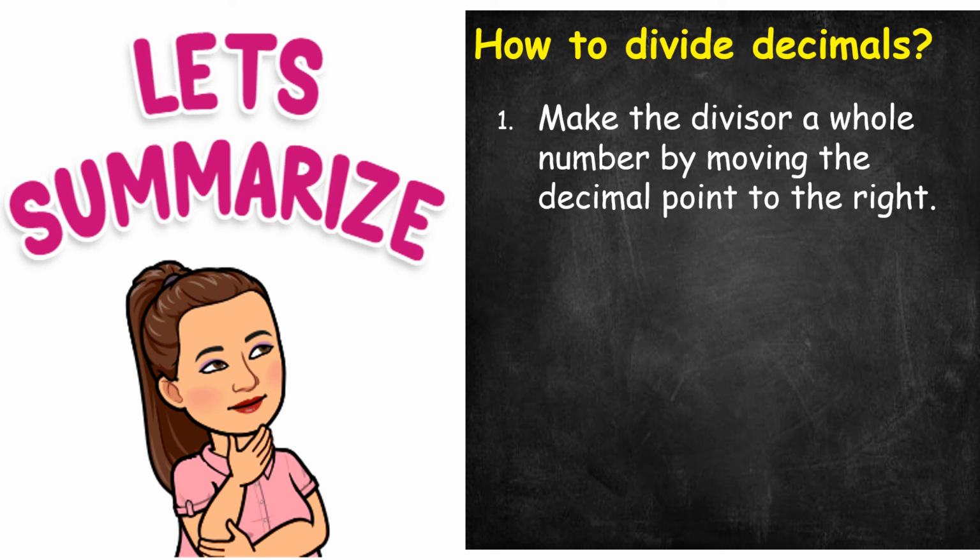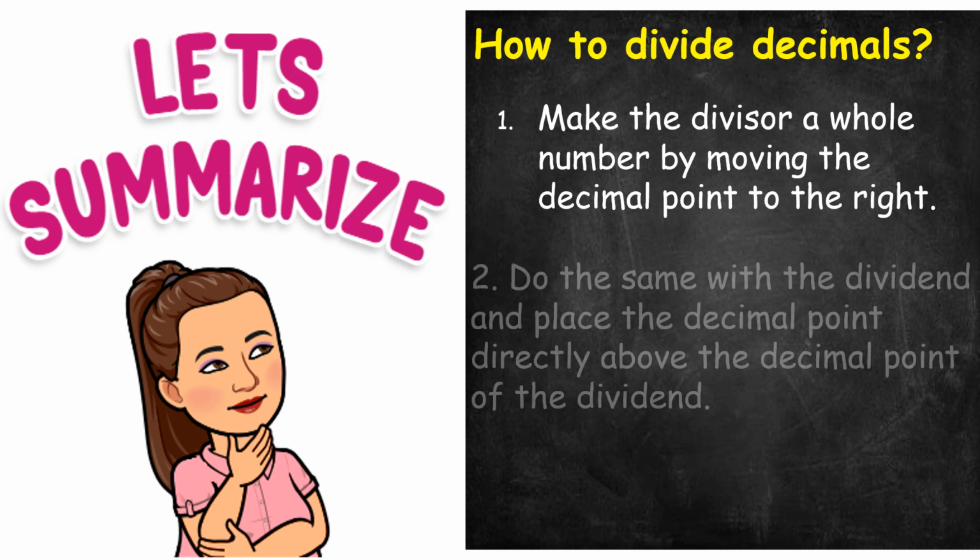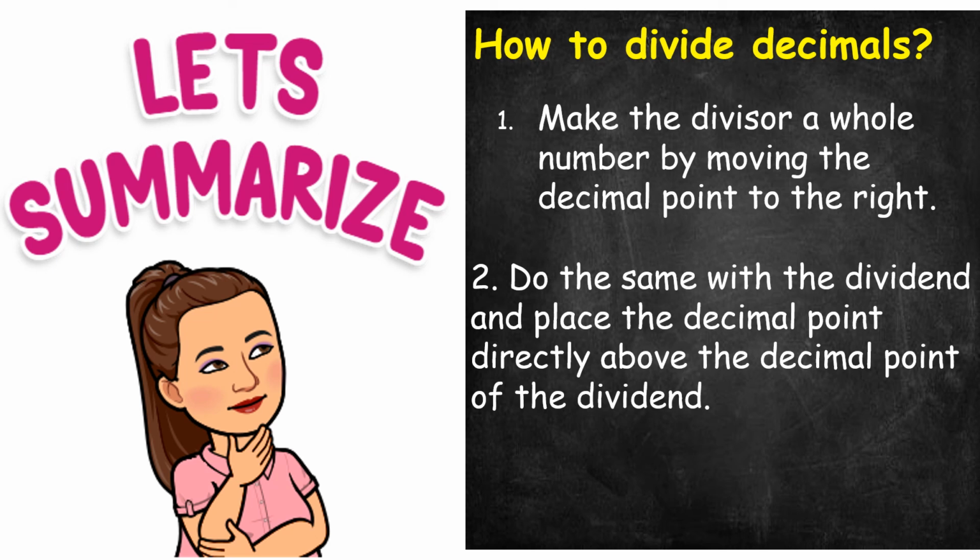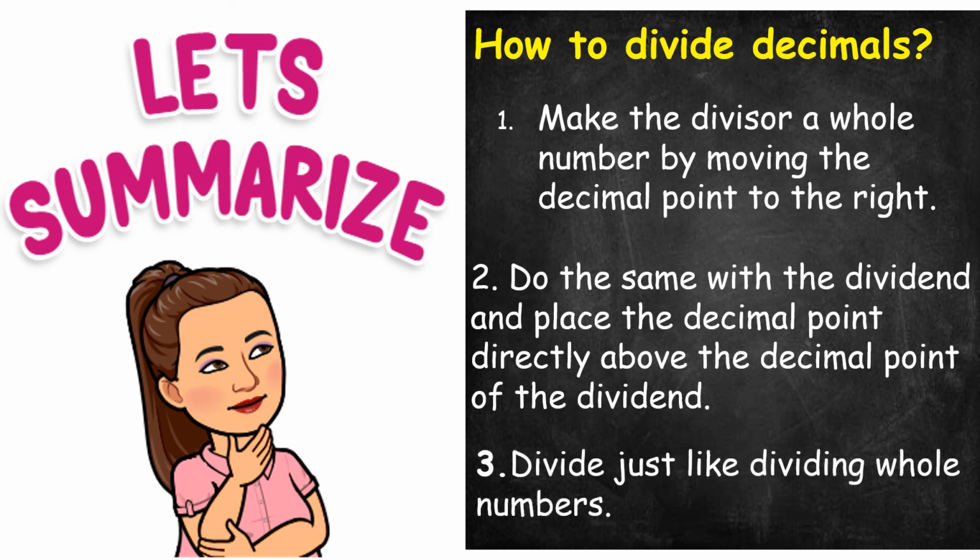How about step number 2? Yes, to do the same with the dividend and place a decimal point directly above the decimal point of the dividend. And for our last step, or step number 3, that is to divide, just like dividing whole numbers. So remember this in order to divide decimals.